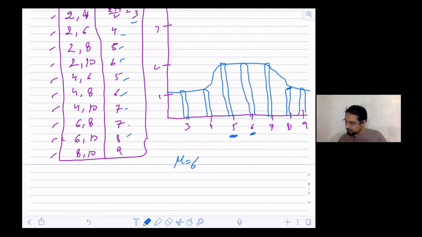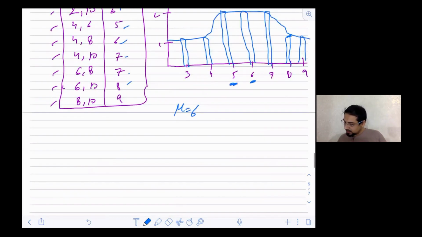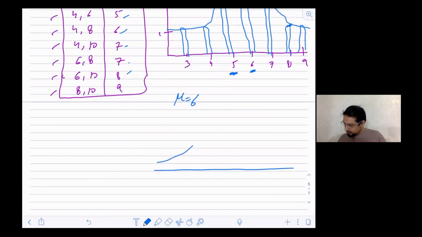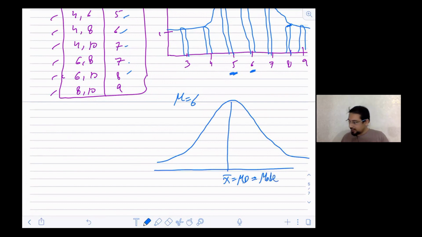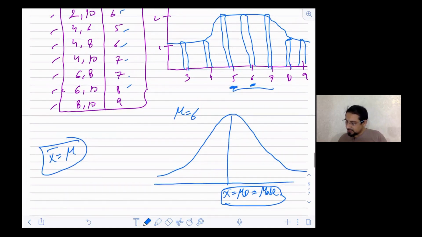And I told you that in a normal distribution curve, what we call a bell-shaped curve, the mean should be equivalent to the median, should be equivalent to the mode. In the previous video we saw that our mean was equivalent to the mu, but in this case our mean is not equivalent to the mu.